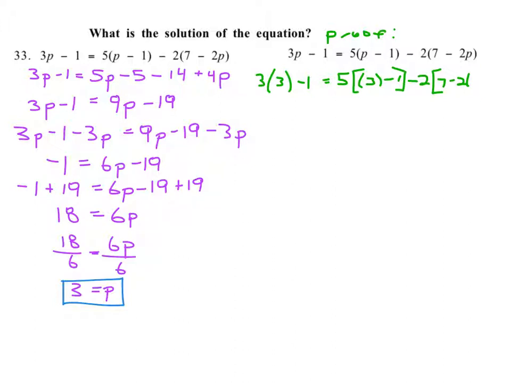I'm running out of room, sorry, that's a little bit sloppy. That's a 3 there. Let's see if I can do better. Okay, sorry about that, it's a little crunched in.